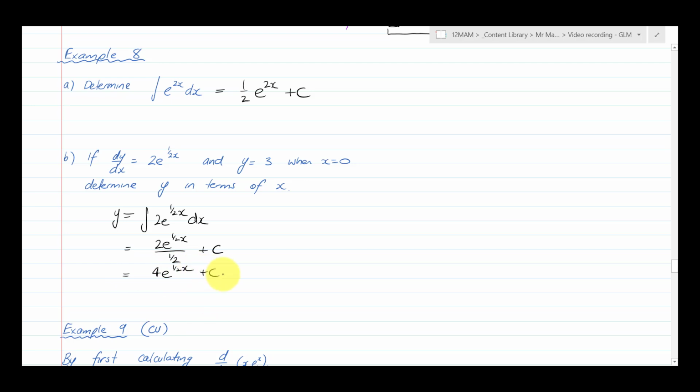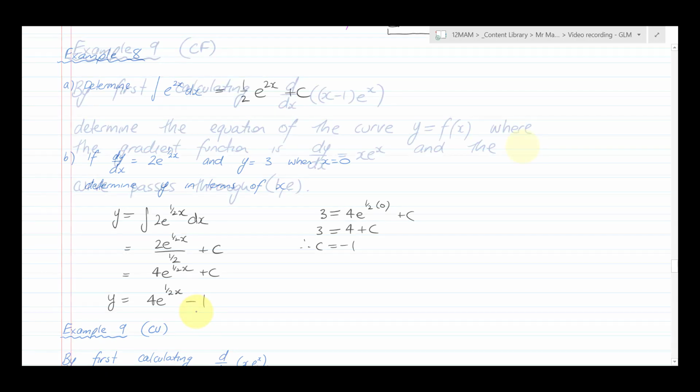Of course I know that when y equals 3, x equals 0, and so I get 3 is equal to 4e to the half times 0, plus c. 3 is equal to 4e to the 0, which is 4 times 1, so just 4, plus c, and therefore c is equal to -1. That means that y is equal to 4e to the power of a half x, minus 1, is my particular solution because I've worked out the value of my constant.